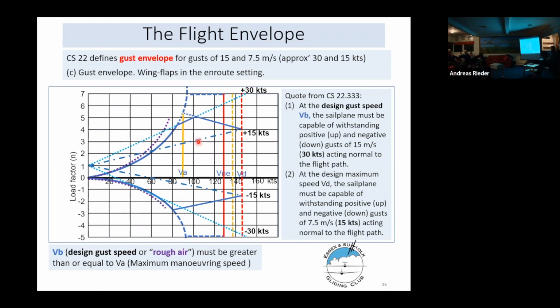So VB will actually be a higher speed and will be round about 100 knots. Quite often, due to the shape of the curve, this 30 knot line will not cut that corner off, in which case VB will be the same as VA. So the rough air speed can be above the max maneuver speed, but quite often they're the same.